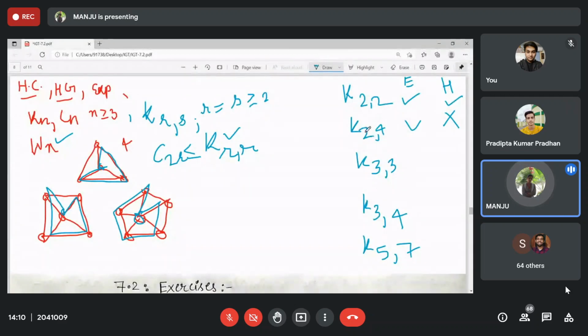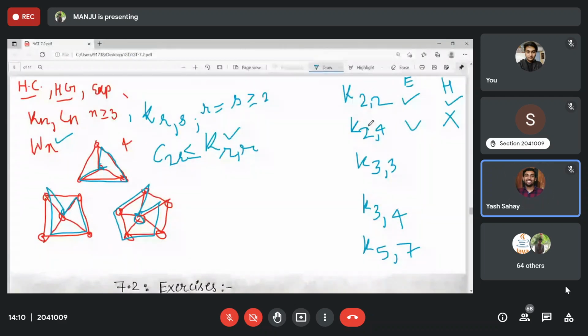There are 2 vertices with degree 4, and 4 vertices with degree 2. All are even.